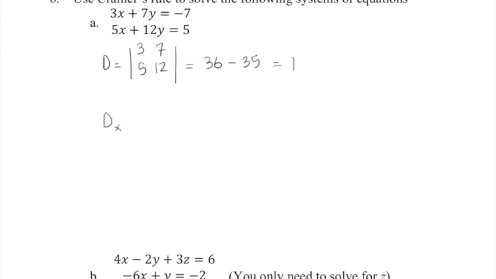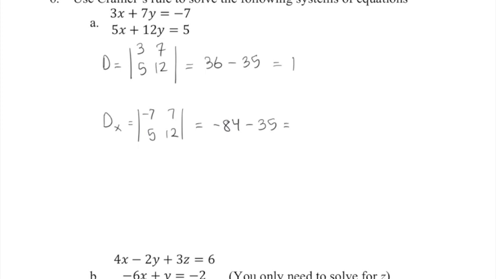The next determinant, remember, follow the subscript. X means that the coefficients of the X column are going to be replaced with those two values. And find the determinant. So negative 7 times 12 is negative 84. And then 5 times 7 is 35.